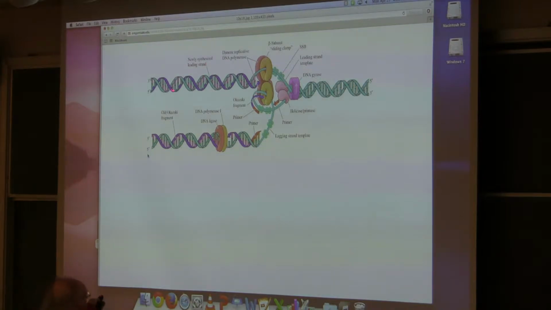Well, the leading strand goes along, the helicase unwinds the strands, and the leading strand gets up to here and looks at the other strand and says, we haven't replicated in that other direction. That direction is not pointed forwards, it is pointed backwards, because remember, the strands are opposite. So replication on the bottom strand can't go in the rightward direction, it has to go in the leftward direction.